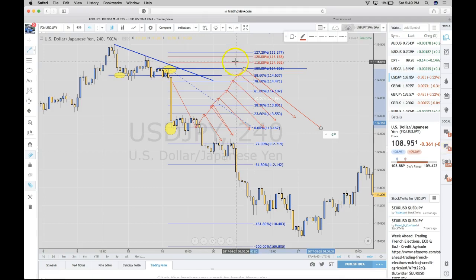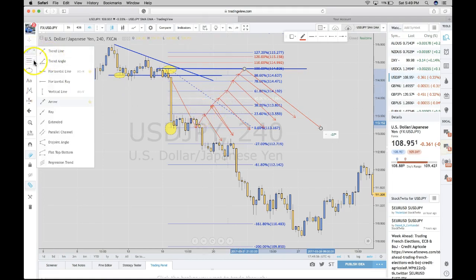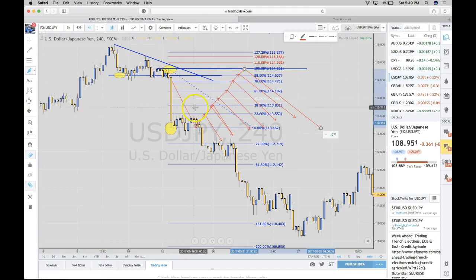Okay? And there are going to be smaller moves where you can take advantage of this a lot better. But 23.6 is the most dangerous area, mainly because if you got an order at 23.6, you have all this room to mess up right here, all right?